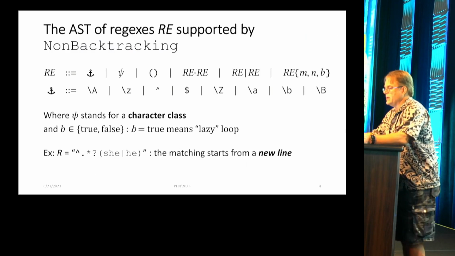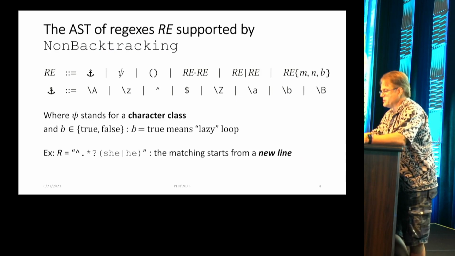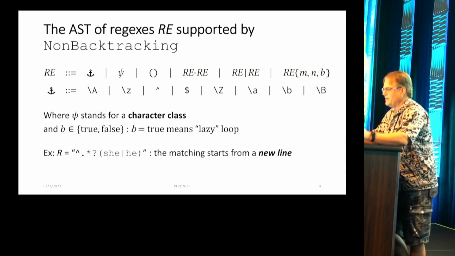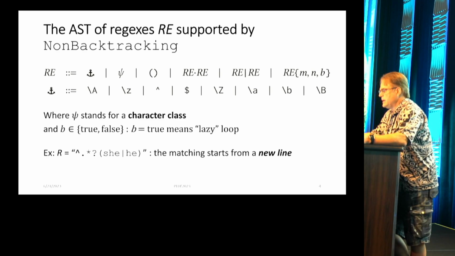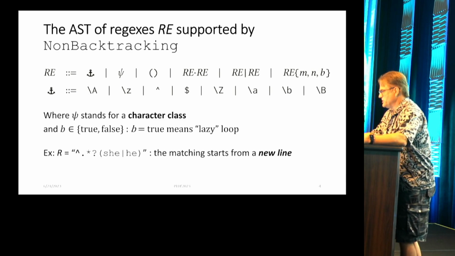So here is a quick abstract syntax overview of what these regular expressions are. Unlike the previous talk, I prefer the bar symbol for OR. Also, an important fact here is that alternation, that OR, is ordered. So it's not commutative. It's associative, it's idempotent, but it's not commutative.